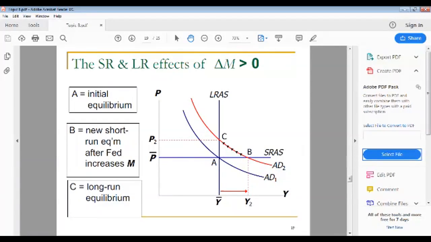So either Powell will be a chicken and stay at point B. Doesn't seem like he's going to do that. More likely than not, Powell's going to screw up and he's going to overshoot A. We'll just go from an inflationary gap to a recessionary gap. So we're just going to go from this point, and then we're going to wake up someday a year from now, and we're going to be in a recession because he cooled the economy down too much.